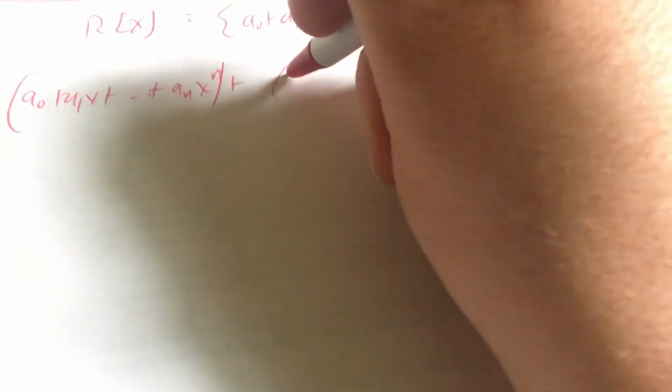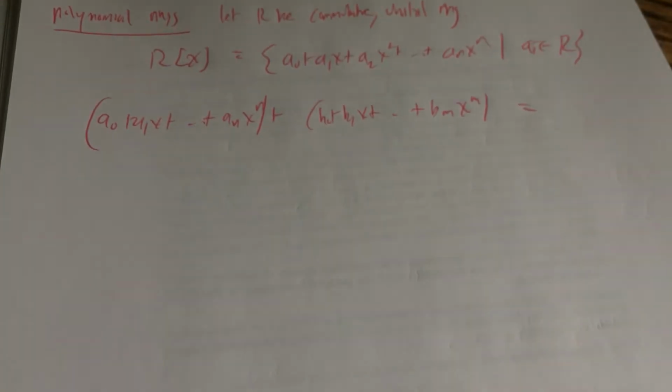So let's explain how to add two of them. a0 plus a1x plus up to anx to the n, plus b0 plus b1x plus up to bmx to the m. What is that? Well, that's a0 plus b0, and so on.